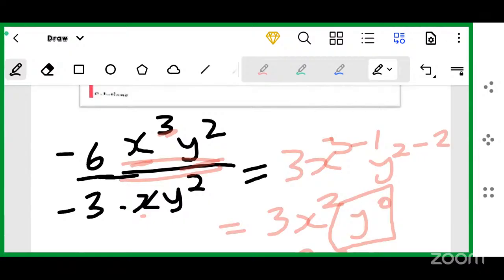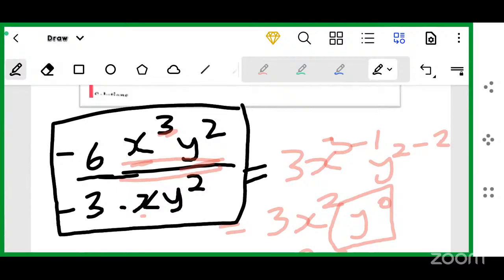You can try this one. I kind of changed this, so you can try this one. So it's negative 6x to the power of 3, y to the power of 2, over negative 3x to the power of 1, y to the power of 2.